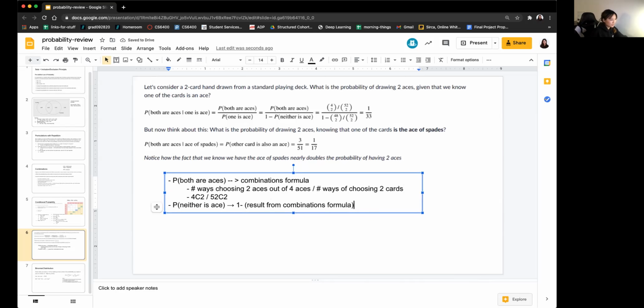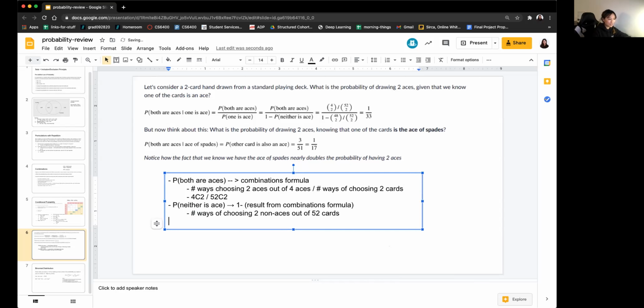And this second part, finding the probability that neither is an ace, we're looking at 1 minus the number of ways of choosing 2 non-aces out of 52 cards.